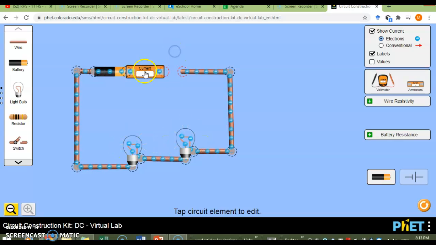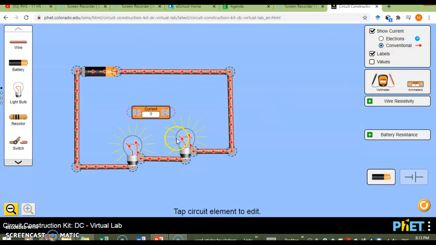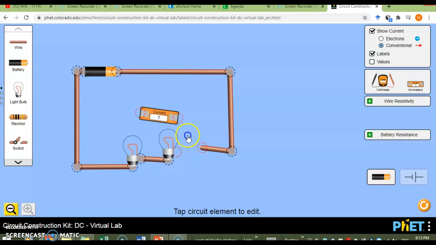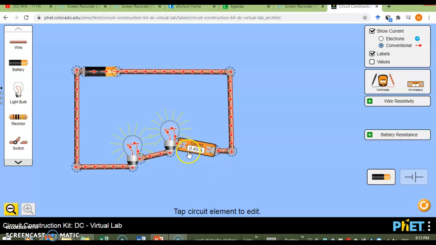Now I'll disconnect it from the battery and connect it in series directly to the first lamp, U1. This is the conventional direction of current. It indicated also 0.45 ampere. Now connect it in series to the other lamp.